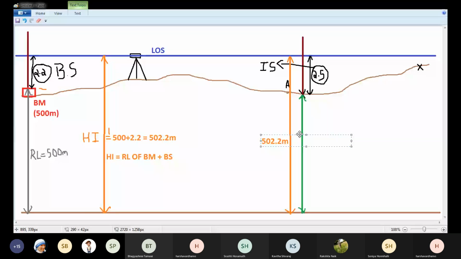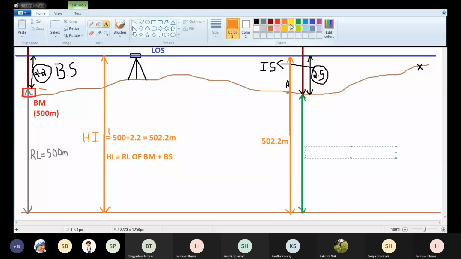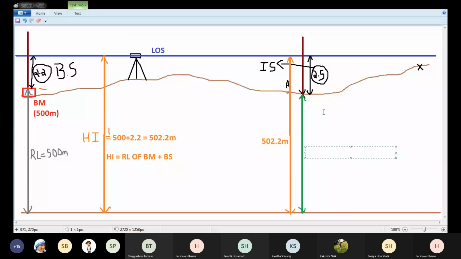Now, how do you find the green length? Anyone? RL of A is equal to 502.2 minus 2.5.